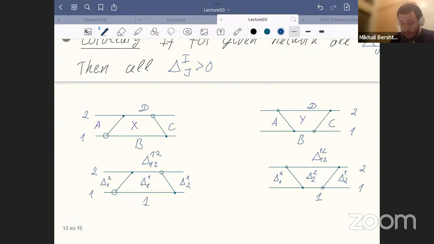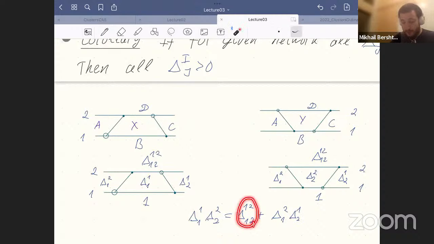So the meaning of this relation which I wrote was that delta 1, 1 times delta 2, 2 is equal to delta 1, 2, 1, 2 plus delta 1, 2, delta 2, 1. So this is the formula for the determinant. If you substitute this to the left side, it will be the standard formula for the determinant of a 2 by 2 matrix.